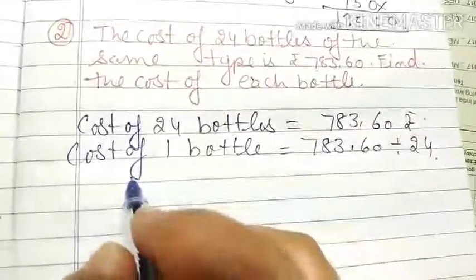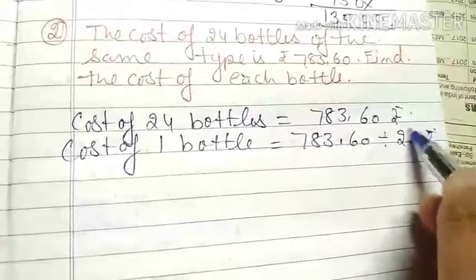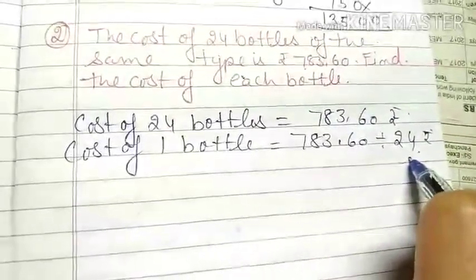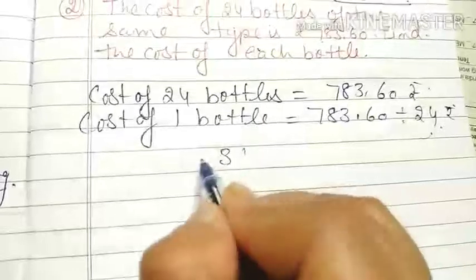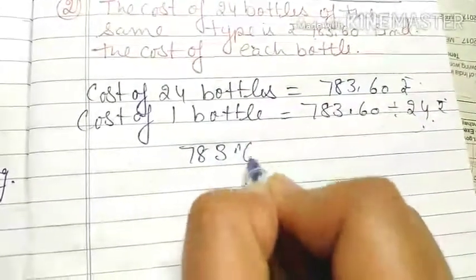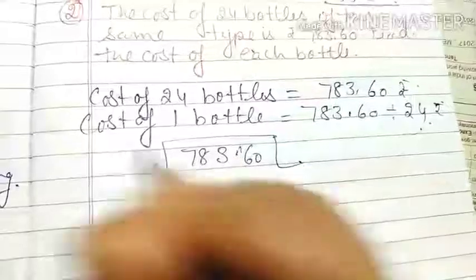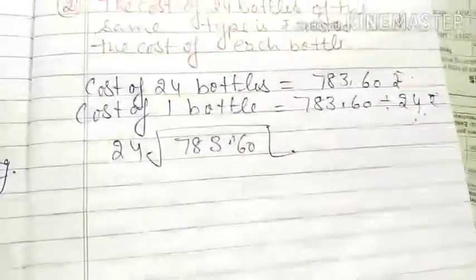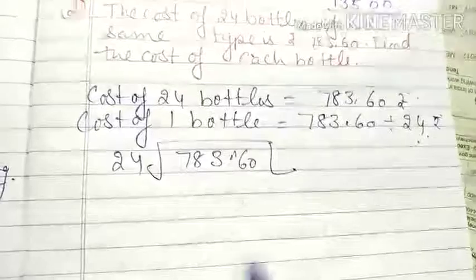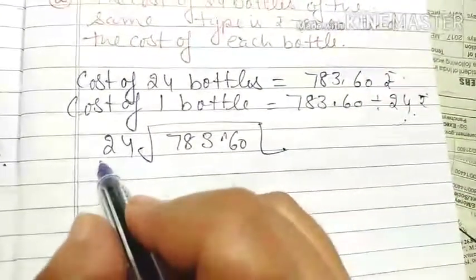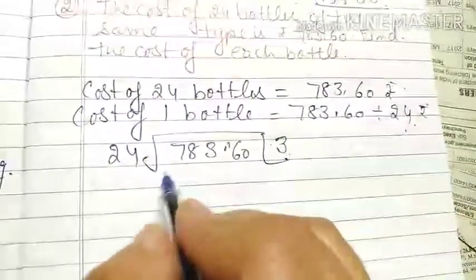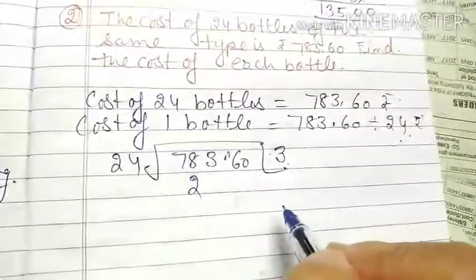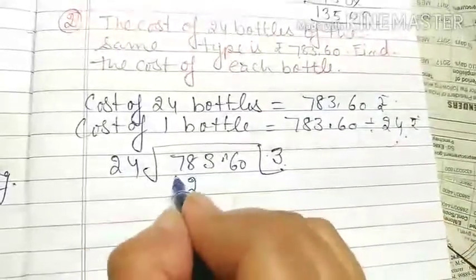When you are going to divide, first you check whether the divisor is a whole number. Yes, it's a whole number. If it is decimal, you convert it into a whole number by multiplying by multiples of 10. So I go directly with the division, 783.60 divided by 24. We check with 4 and see which gives the bigger one, so we go with 3. 3 4s are 12, 3 2s are 6 and 1 is 7.